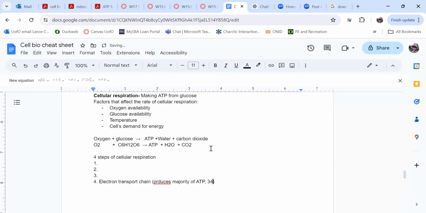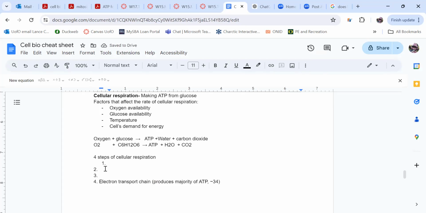And we'll just write 34. I'll write about, because as we know, it varies, but the low end of this estimate was about 30, and the high end was 34, or could probably even be higher. So we'll just put 34. We're going with that number.